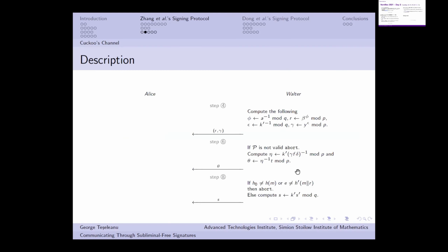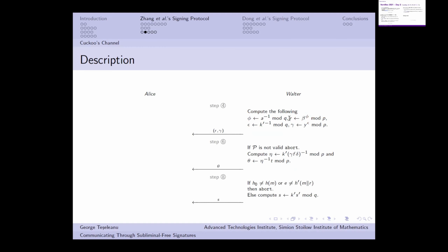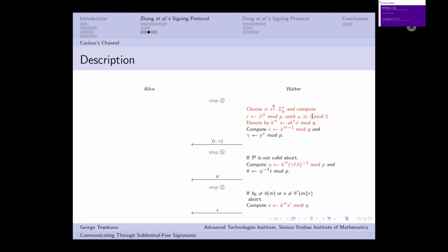Now, we also showed that we can implement a cuckoo channel. These are the original protocol steps, and we had to modify steps 4, 6, and 8. In the original protocol, phi has a certain formula, but in our case, we chose phi randomly, and we compute R as in the original scheme, but we compute this until R modulo 2 is congruent with omega.